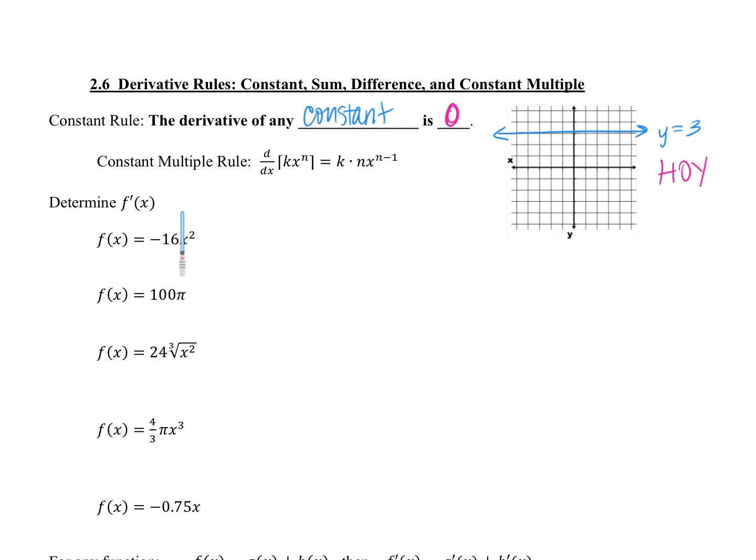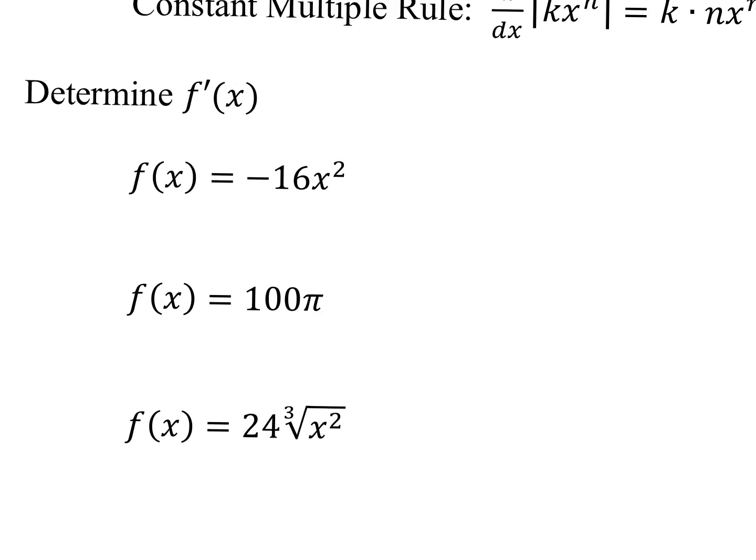Determine the derivative of this. Ready? Let's practice. This 2/6 is just practicing. What's my derivative going to be of that? -32. X to the first, or just x. Okay. Ooh, 100 pi. Does that have an x to a power? It does not.